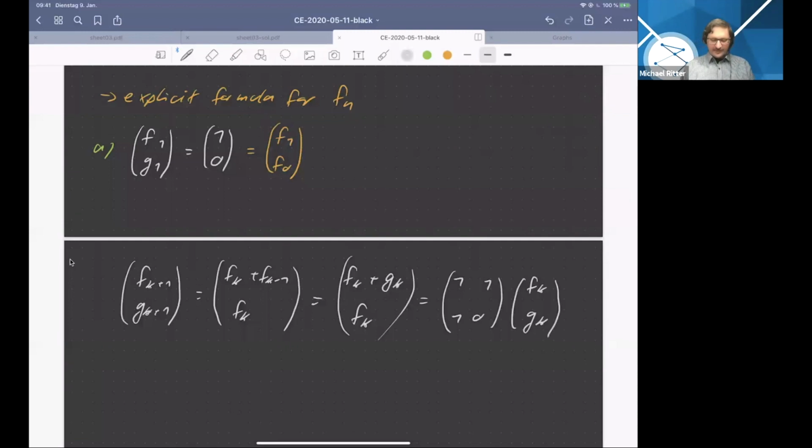Right, so the first row becomes fk plus gk, as we have here, and the second row just becomes fk, like we have here. So this defines a recursion for the vectors. That means we have a vector-valued sequence defined through that recursion. And the first coordinate of that sequence is the sequence of Fibonacci numbers.